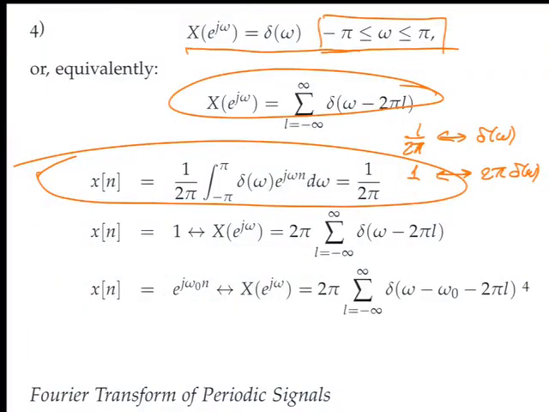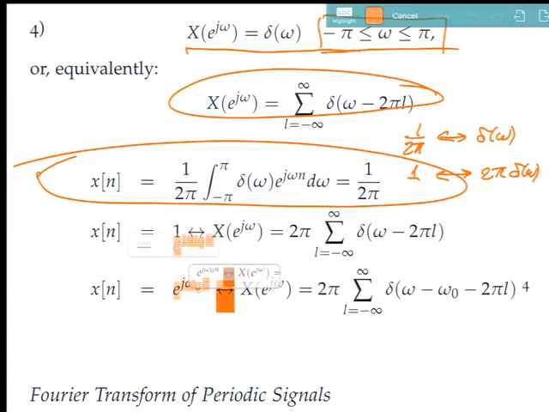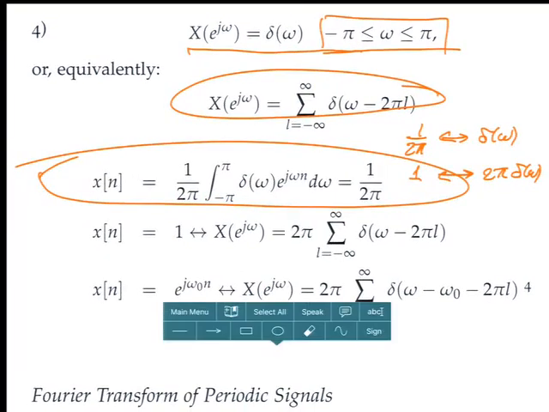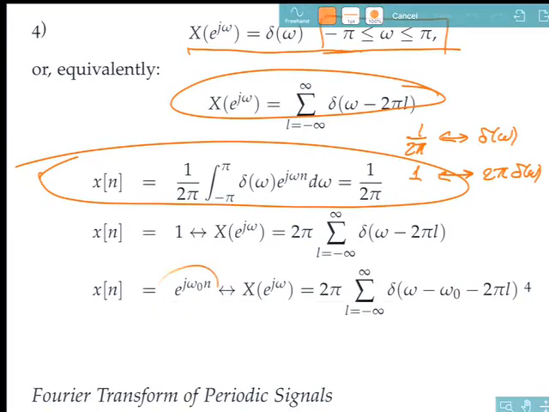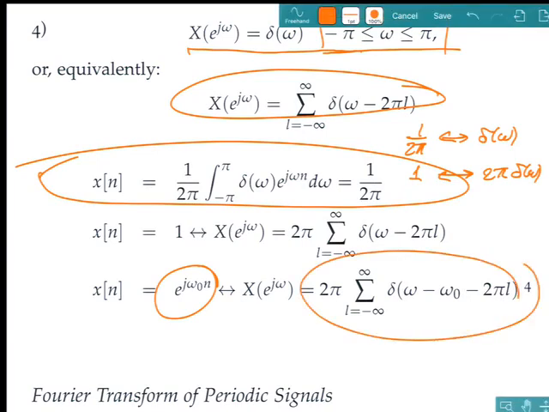Similarly, this is very similar to what we just did in the first hour for continuous time Fourier transforms. You can show that e to the j omega 0 n goes with this Fourier transform, right? So you have an impulse located at omega 0, and of course, multiples of 2 pi, periodically.